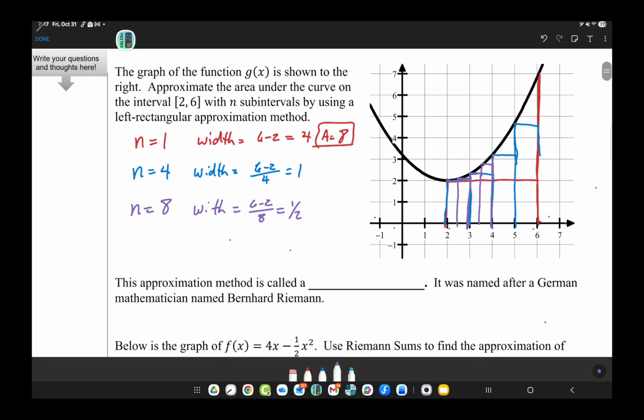Now, you should be coming across an idea here. As we increase the number of rectangles, what happens? We get a better and better estimation.